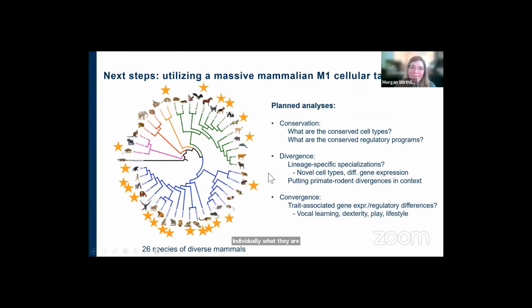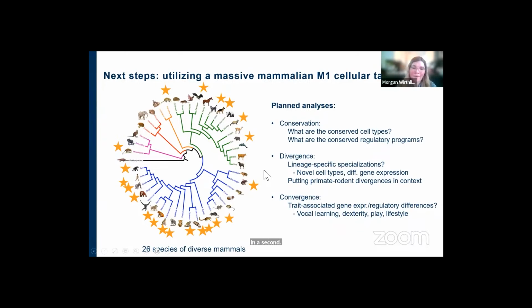And part of that is looking at novel cell types. So there's some interesting cases we published on. For instance, TAC3 neurons have been discovered in primates to be potentially novel and interesting. And additionally, it's important to put primate and rodent divergences in context, which I'm going to talk about in a second.